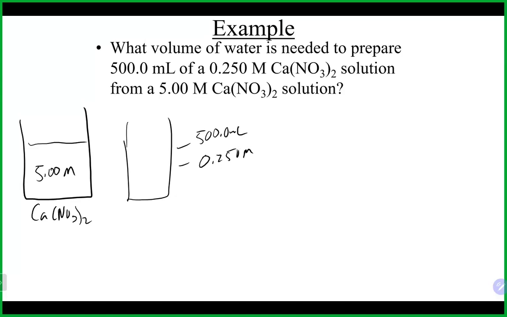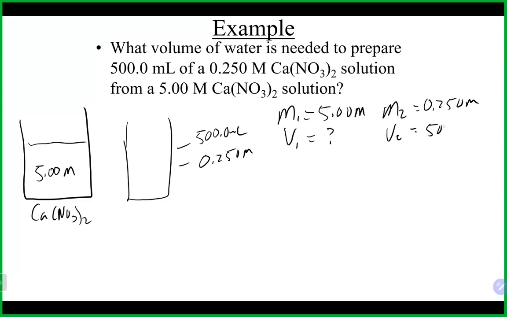So once again, most of the time, like I said, the ones are usually the more concentrated, but it really doesn't matter as long as you keep the numbers that go together. Our M2 here will be 0.25 molar, our V2 500 milliliters. So again, in this case, using our equation, our V1 is what we're solving for, so we'll divide the M1 to the other side.